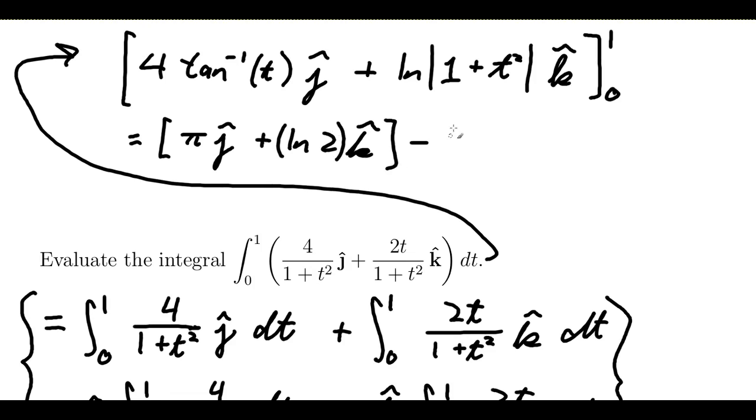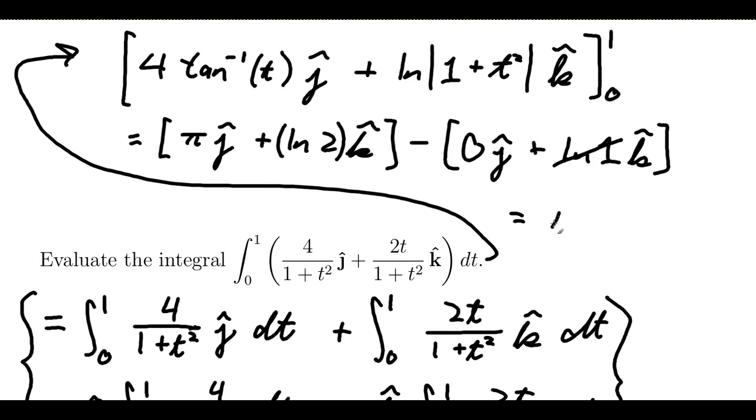So that was evaluated at 1. We could subtract the evaluation at 0, where we get 0j plus natural log of 1k. But again, this is 0. So we have this vector minus that vector, and that is just, again, the vector that we ended with on the previous thing.